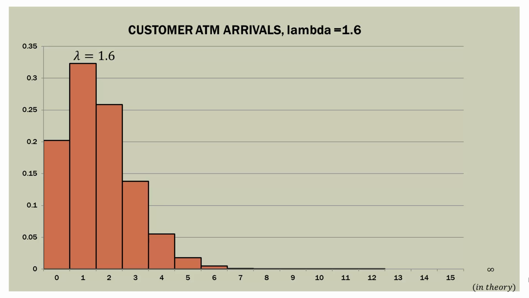So I went ahead and made this 15, even though I could have made it probably up to 12, because the probabilities of 12, 13, 14, 15 customers walking up, while theoretically possible, are so unlikely they're practically 0. So just keep that in mind when you're looking at this graph. But of course the height of each bar is the probability for that outcome.